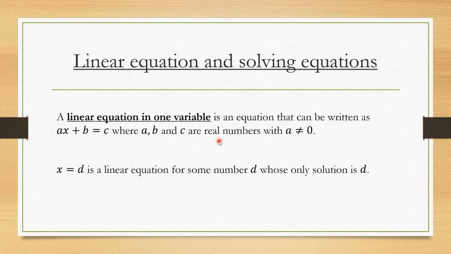So with that in mind, a linear equation in one variable is an equation that you can manipulate and write in this form. It's equivalent to this. A, B, and C are numbers, A is not 0. And one example of that is this equation, x equals d, for any number d.